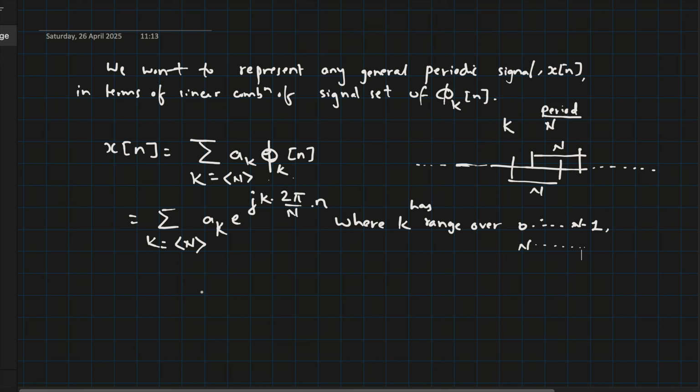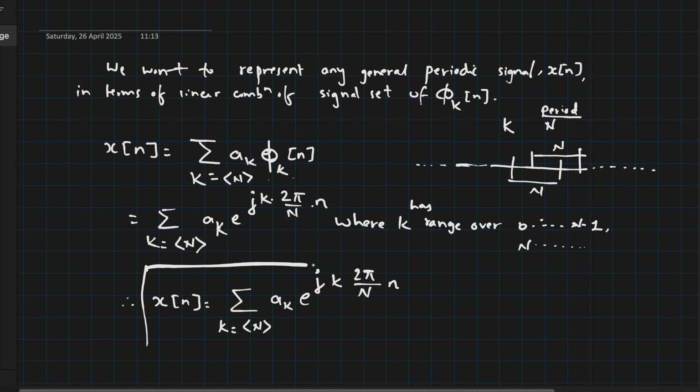Therefore x of n equals the summation over k equals N of a k e to the j k 2 pi by N n, and we rewrite this series as a finite series.